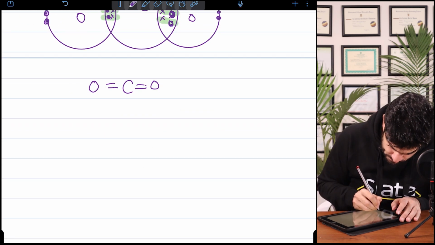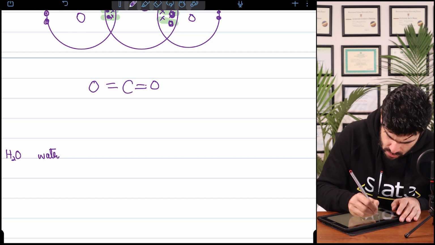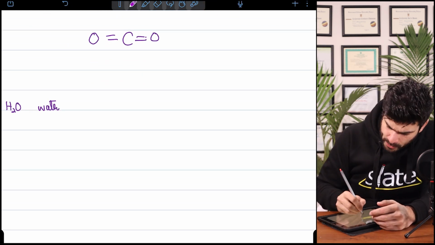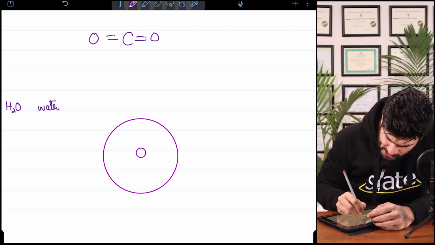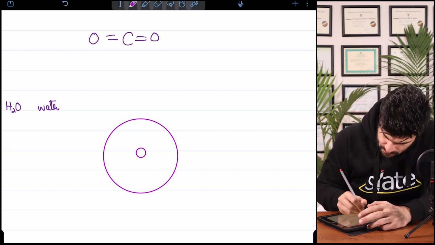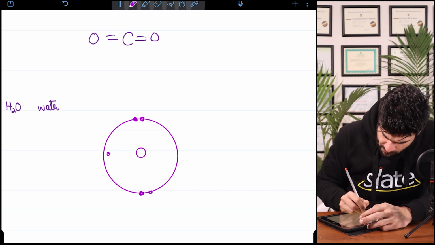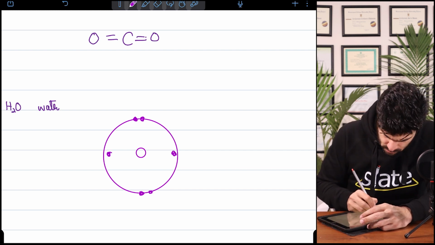Now let's do another one. H2O, which is water. So again, let's do it. Oxygen. Group 6. So how many electrons in the outermost shell? 6. 1, 2, 3, 4, 5, 6. What about hydrogen?